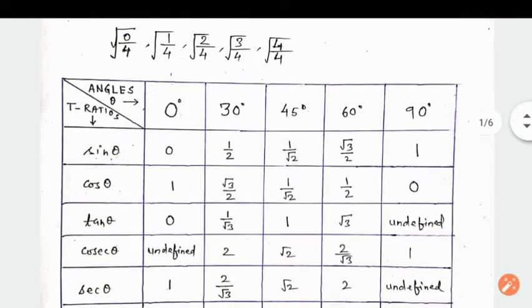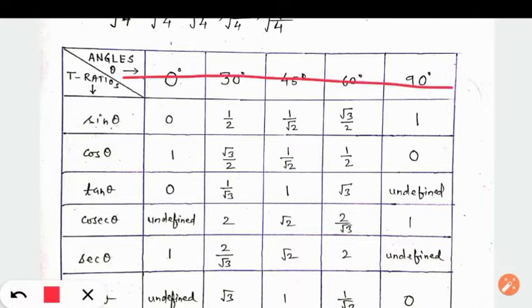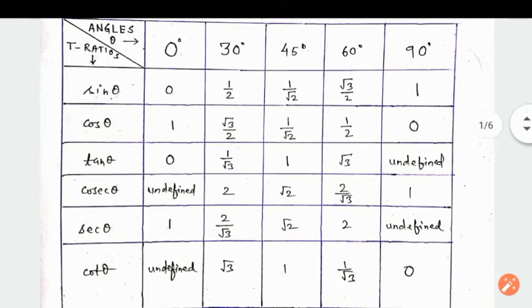Okay, so let's see what are the different values of the trigonometrical ratios at different standard angles. See the table. Here we have angles, standard angles 0, 30 degree, 45 degree, representing theta, and here we have trigonometrical ratios: sine theta, cos theta, tan theta, cosec, sec, cot theta.